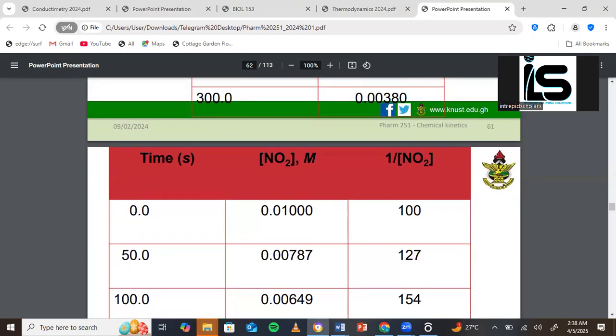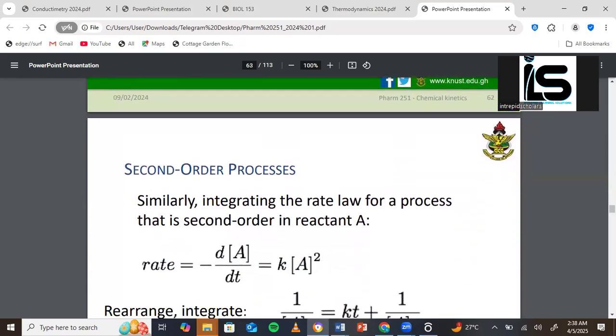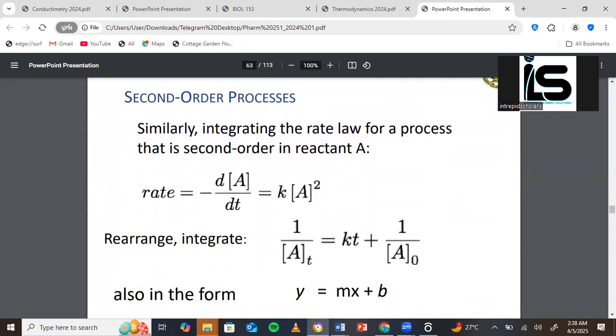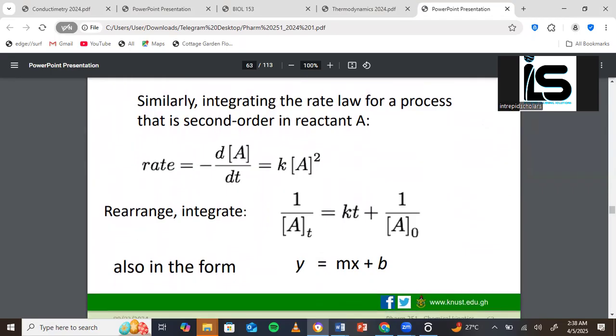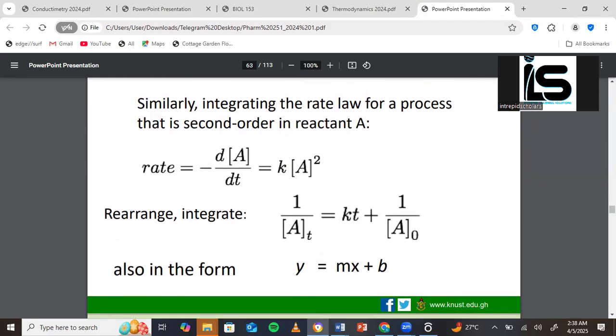Now, the next one is showing us how to find whether it's a second order reaction. With respect to second order, we can equate the rate equation to the second order differential rate law, and after integrating, this is what we'll get. This is a very important formula for us to take note of.